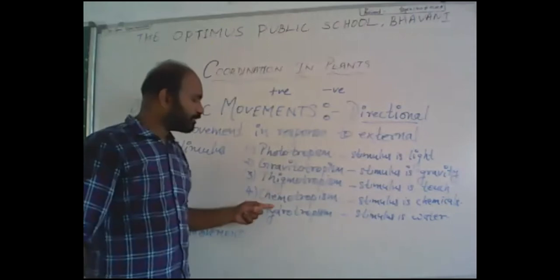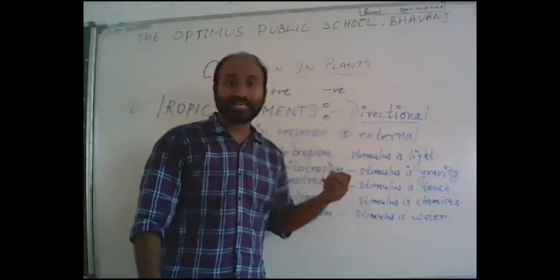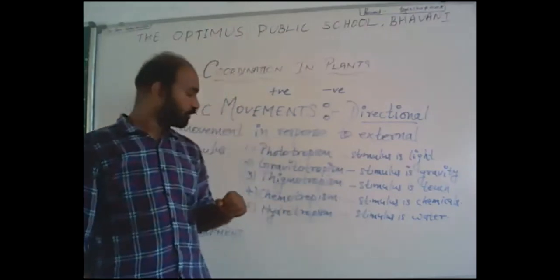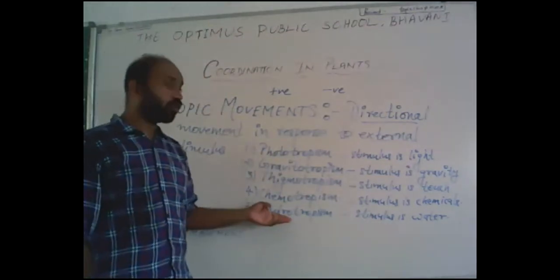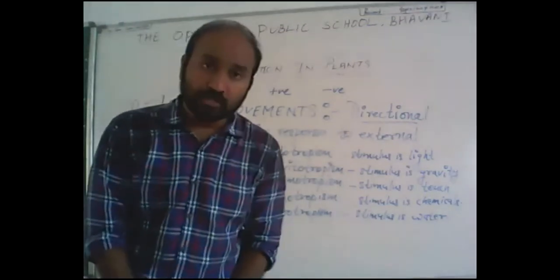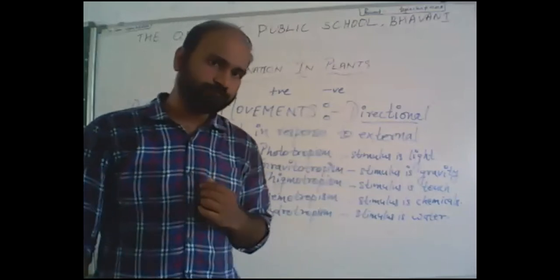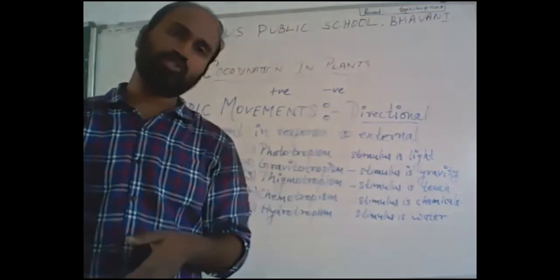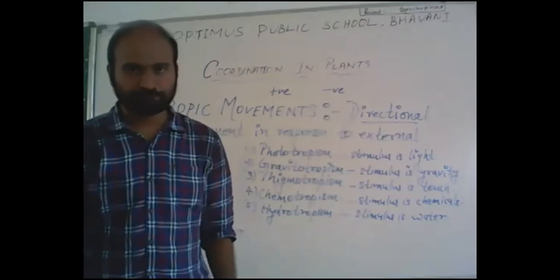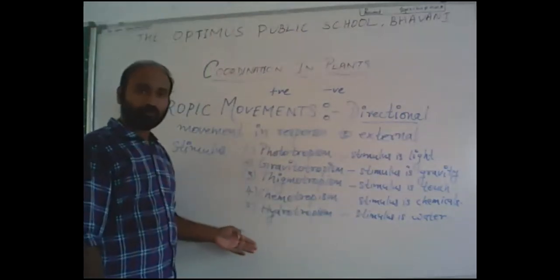So this tropism is chemotropism, where the stimulus is chemical. Now, hydrotropism, definitely hydro is water. Here, hydrotropism means the stimulus is water. The root always grows in search of water. So it shows positive hydrotropism. These are examples of some tropic movements.